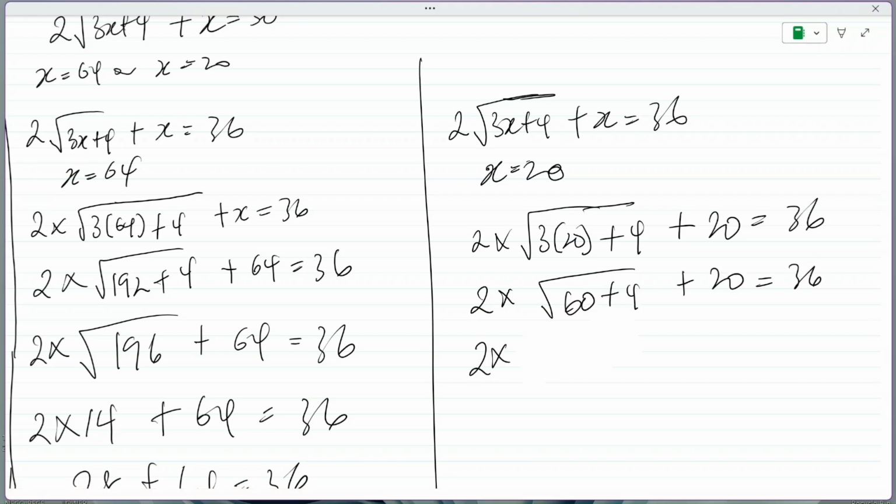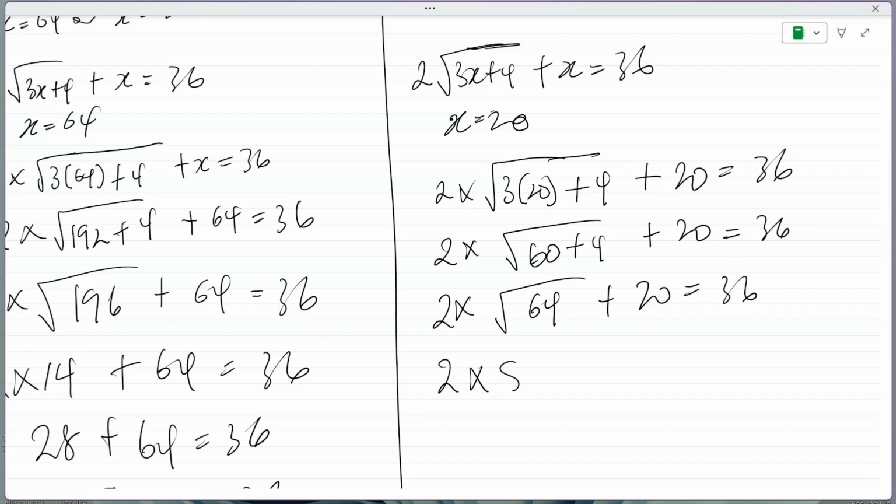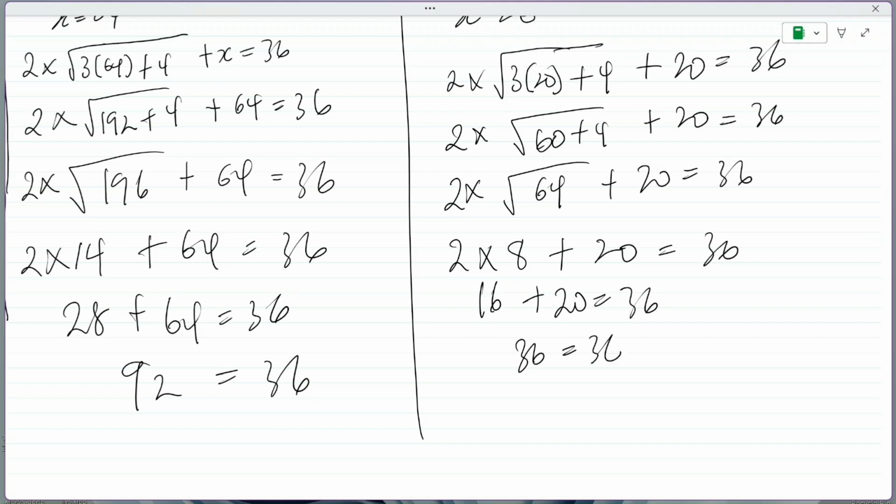You have 2 times square root of 60 plus 4, which is 64, plus 20 equals 36. You have 2 times square root of 64, which is 8, plus 20 equals 36. You have 2 times 8, which is 16, plus 20 equals 36. 16 plus 20 is 36, equals 36.